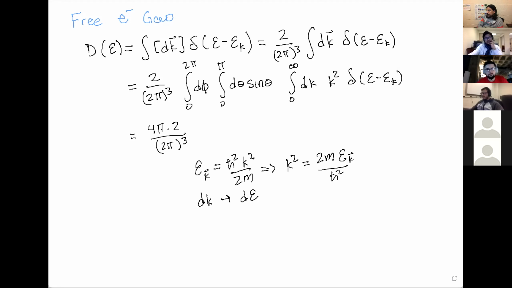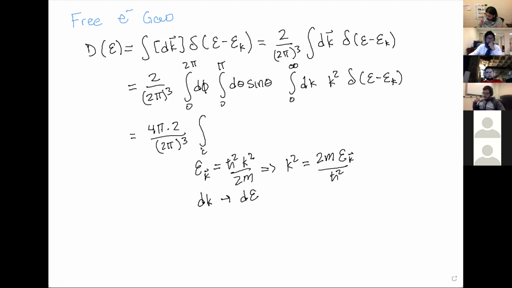So what is the transformation that takes me from dk to dE? What would I have to do? What math equation would I do? Isn't it simply the change of variable, like the thing we do in integration all the time? I think it's just that. Right. So then what I need to do is just a change of variable.